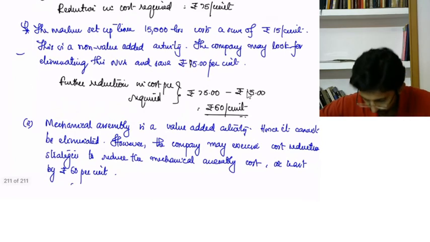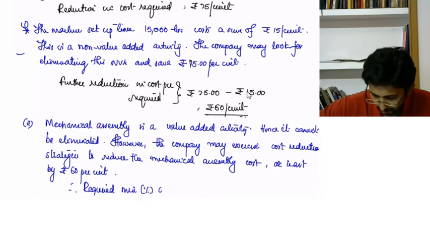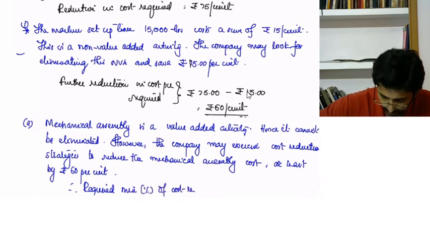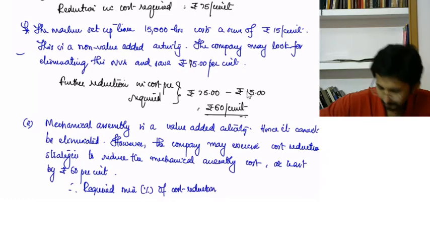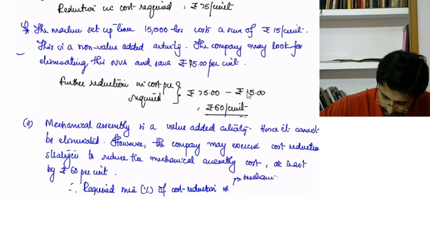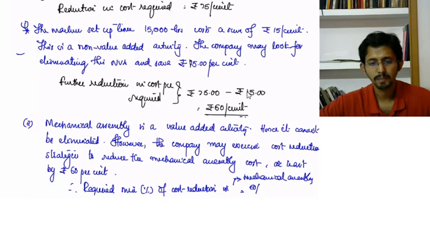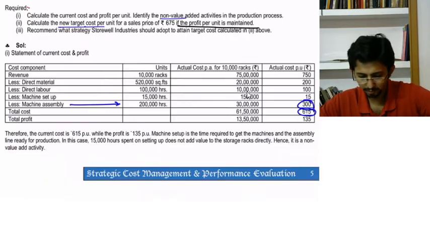Okay, therefore required minimum percentage of cost reduction in mechanical assembly is equal to, you need to reduce 60 rupees out of how much? 60 rupees out of 300, am I right?